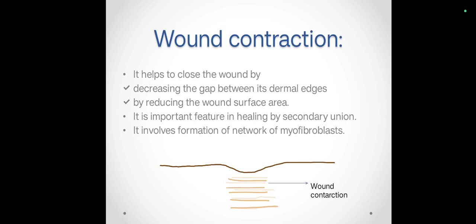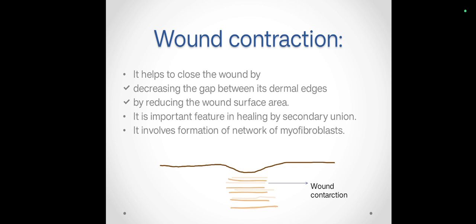Now, wound contraction. Wound contraction is a very important part of healing by second union. It helps to close the wound by decreasing the gap between its dermal edges, and it reduces the wound surface. It also involves formation of a network of myofibroblasts.